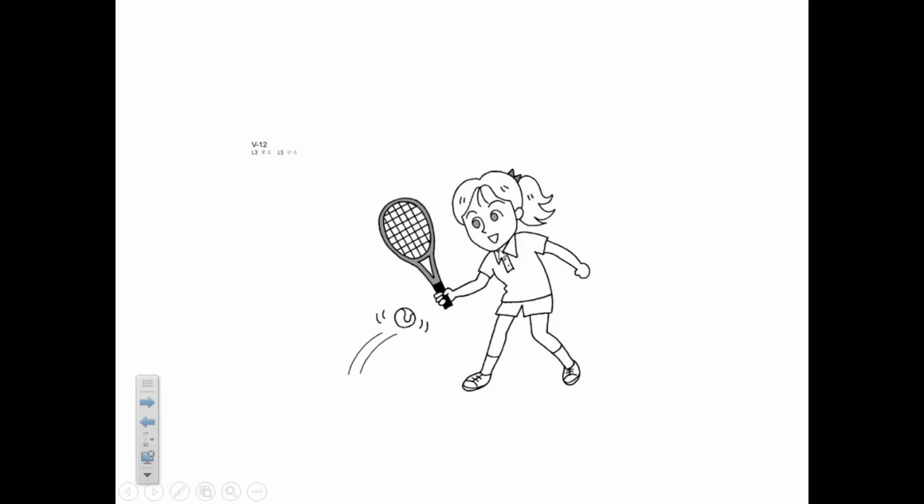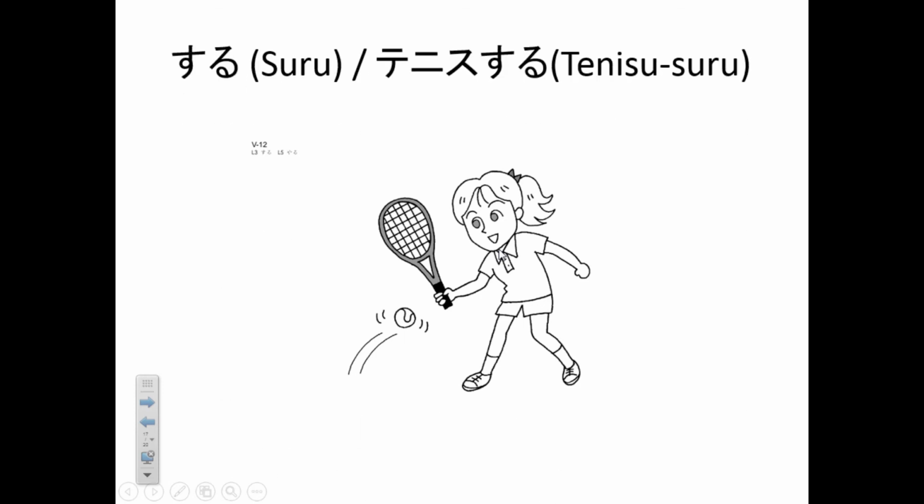And this is one of the suru verbs. Suru means to do, but it could be used for this case, to play. To play tennis, play any kind of sports is also with suru. For example, this is tennis suru. Like this, you can attach a noun before suru, and then you can have different meanings.